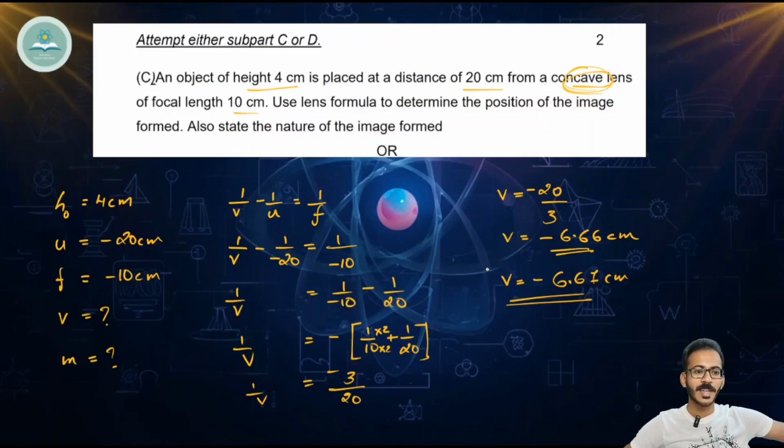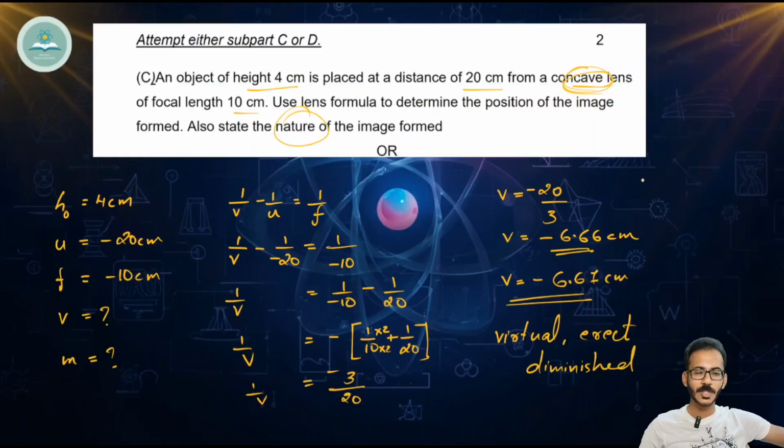Since we are getting the image on the same side, this image is not real, it is virtual. A virtual image is always erect, and in this case we get a diminished image. So this is the property of the image formed.